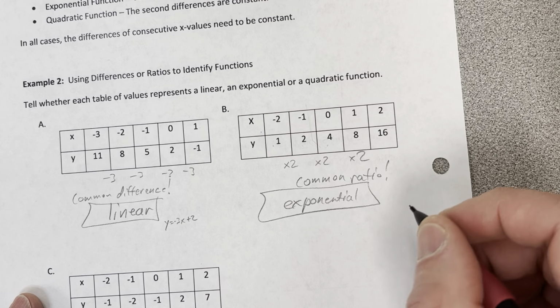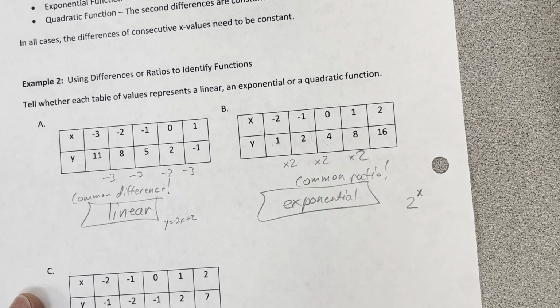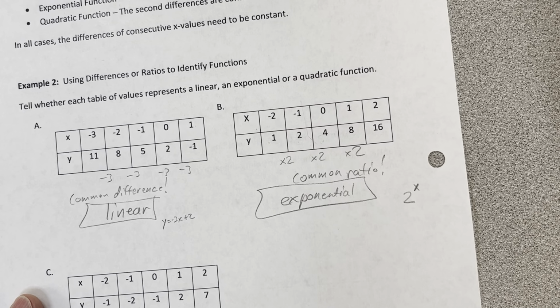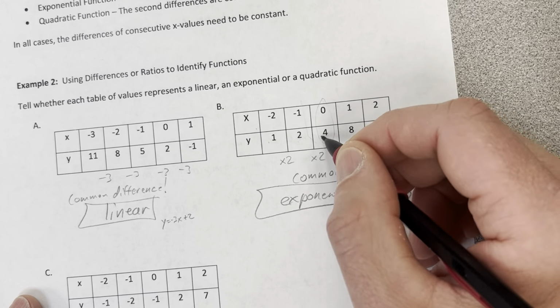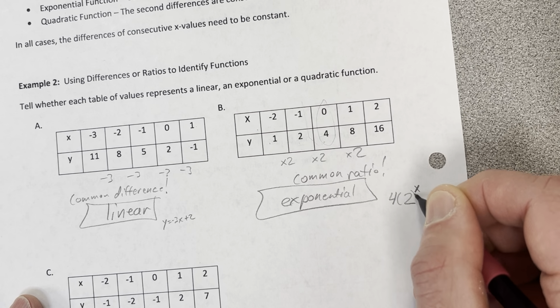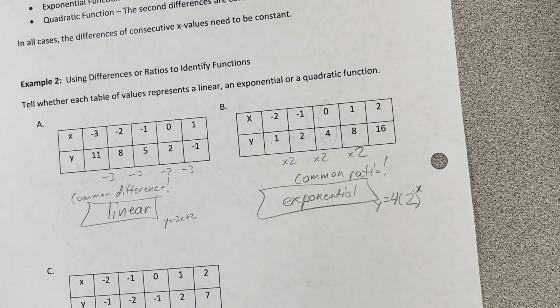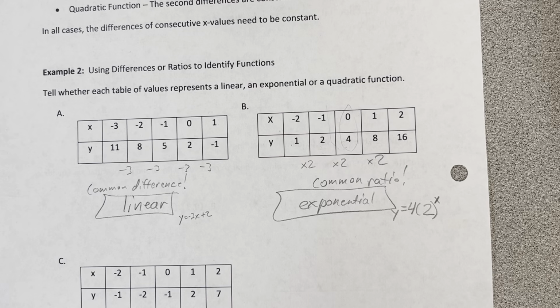The common ratio is your growth factor, so it's going to be the base of the exponential function. And then the y-intercept right there is kind of like a leading coefficient. So that would be the equation for that one right there. But you don't have to stress about that.